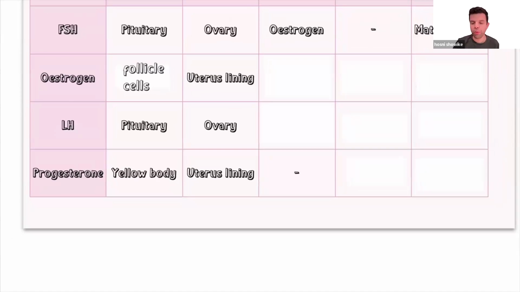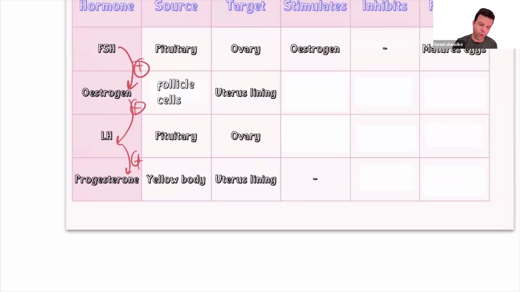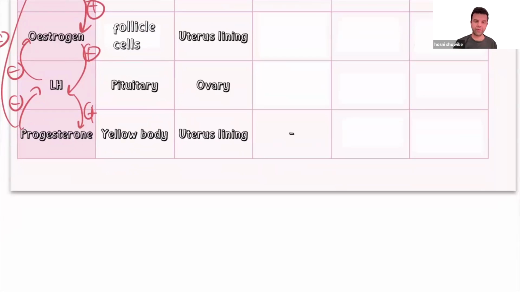Every hormone stimulates the one that comes after, all right? So that's positive here. And every hormone blocks or inhibits the ones that come before, except progesterone, which blocks both hormones, FSH and LH. So you would find that estrogen stimulates LH. LH stimulates progesterone.